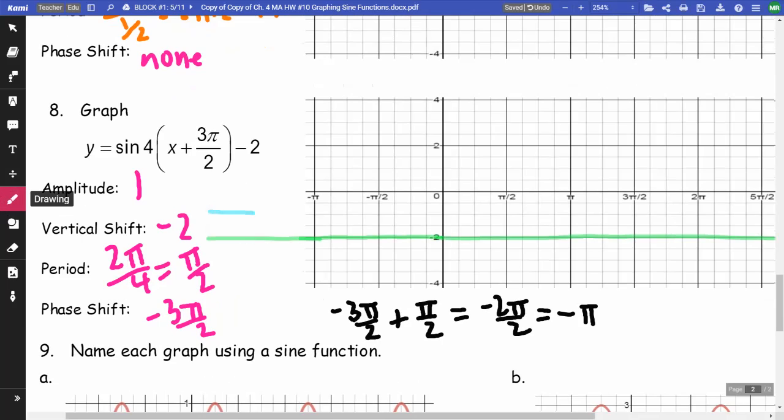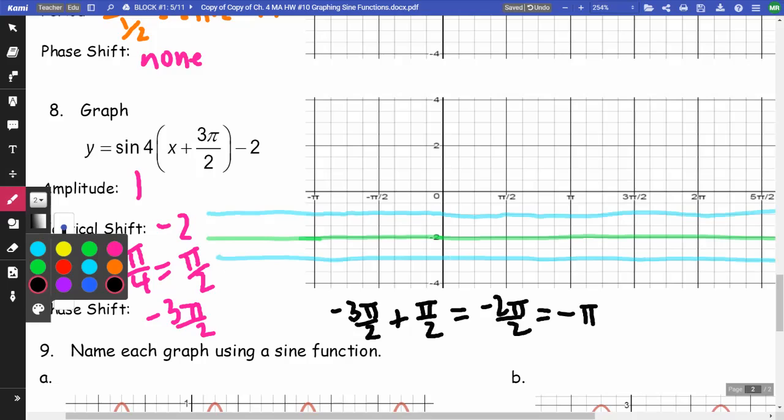So I'm going to be going 1 up. And I'm going to be starting at a -3 pi halves and ending at -pi.